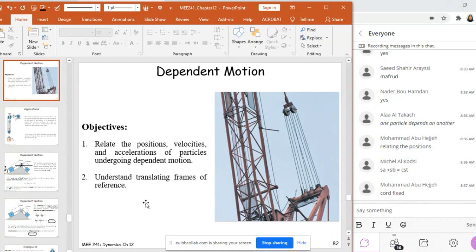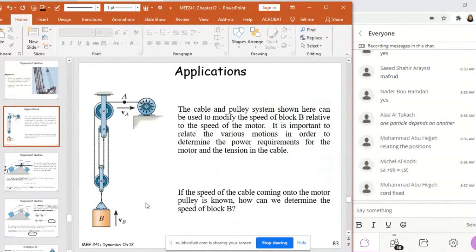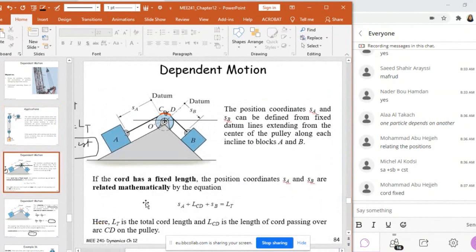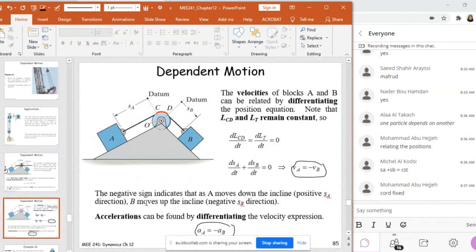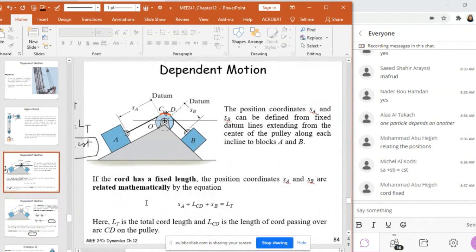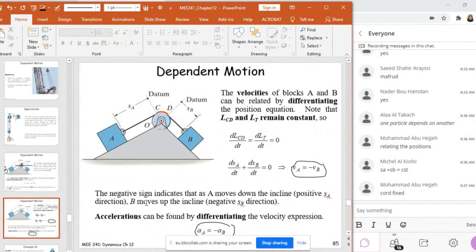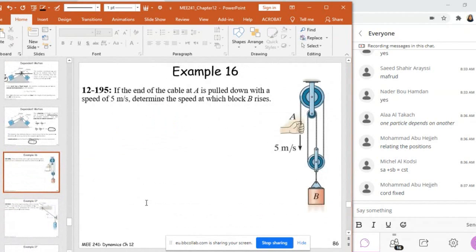So there is no deformation of the length of this rope. Knowing this fact, I'm going to relate the positions in order to find all other variables. Since I know that, for example, SA plus SB is equal to a constant length, I can do the derivation to find V and then to find A.